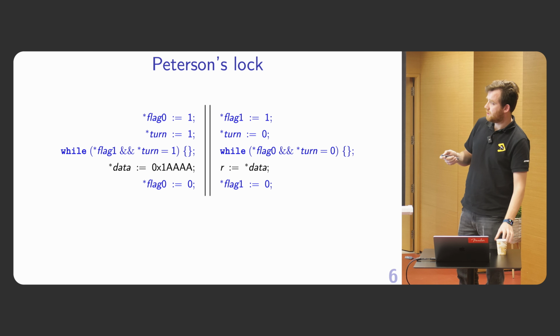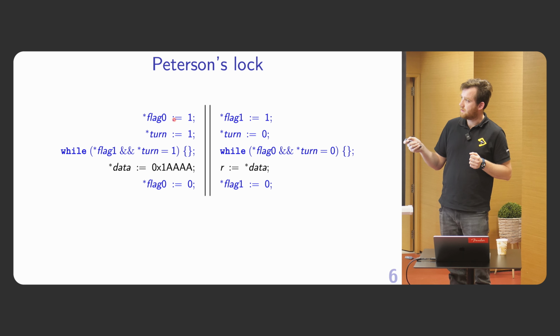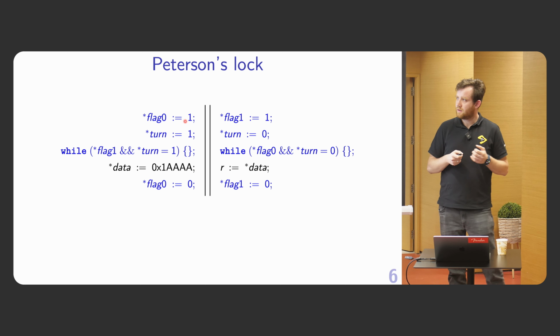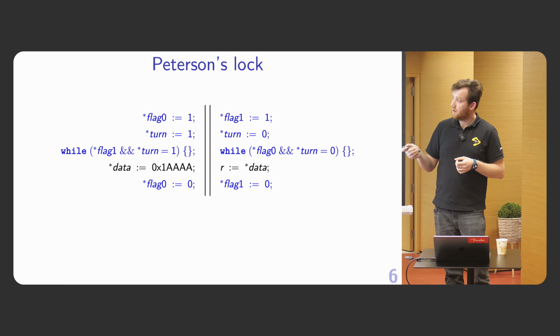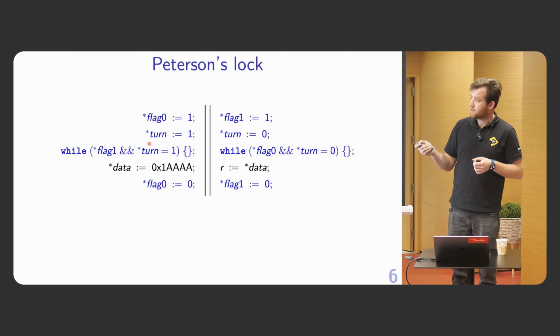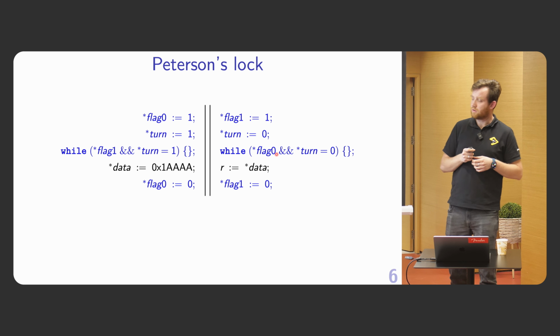The idea is that once the threads start, they set their own flag to 1, saying that they want to acquire the lock. Then they say that now it's actually the turn of the other thread to execute the critical section, the part of the code which is guarded by lock and unlock instructions.